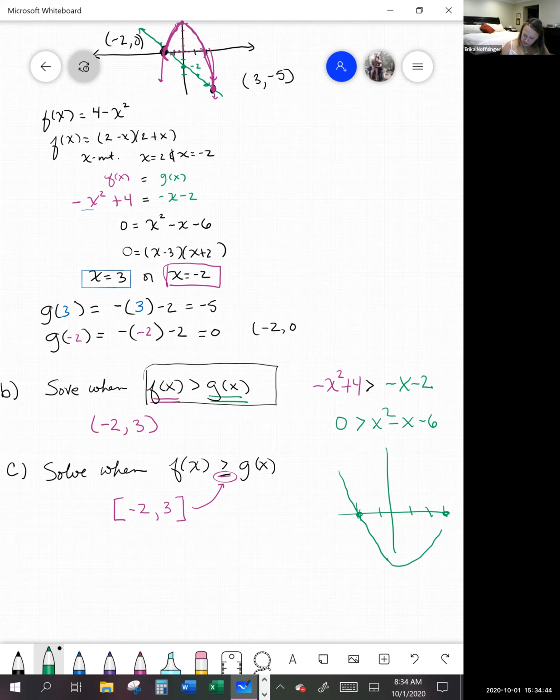And it wanted to know, when is 0 greater than, or when is x² - x - 6 less than 0. So that piece, this is less than 0, between -2 and 3. It's a different picture because of how we're solving it, but we get the same answer.